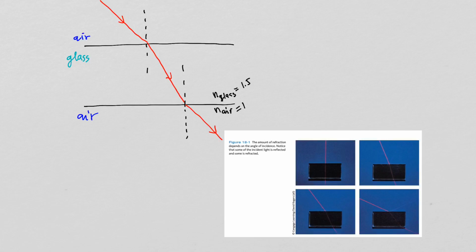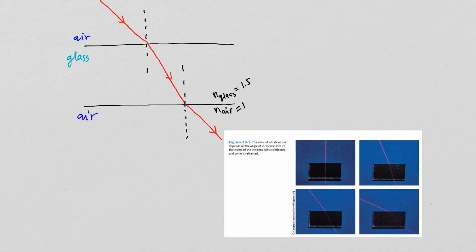So when the light is perpendicular, direction of incidence is perpendicular to the glass plate, there is no refraction, and that is because the angle of incidence is 0. When the light is incident upon the glass at a certain angle that is not 0, then it refracts in the glass, so it bends towards the normal. You can see the direction of propagation here and here is slightly different.